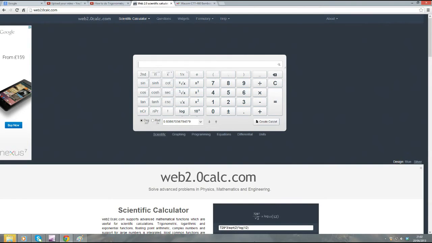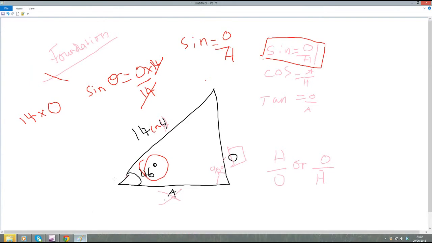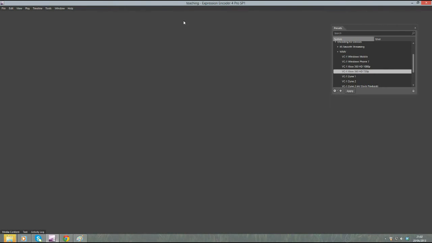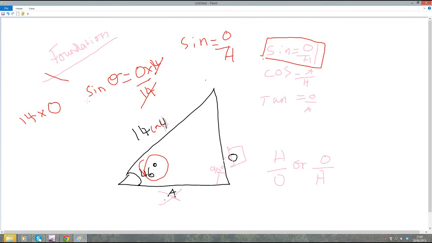Find the sin button. Here, 46. You don't have to close the brackets, but it's good that you get in the habit of closing the bracket. Close brackets, that equals 0.719. You might want to write that down, but I'm not going to do it for the sake of time. So we know that sin theta is 0.719.